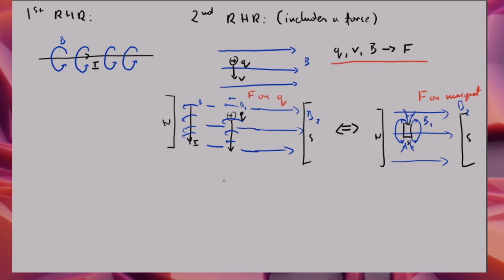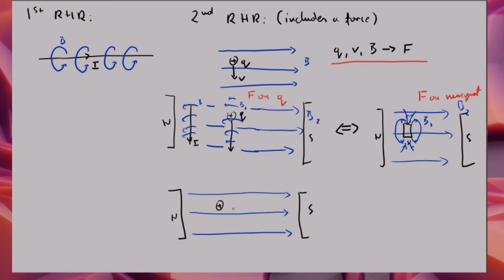Now, suppose that you take this magnet here, north and south pole magnet. You have a magnetic field present that always points from north to south. And then you place a charge Q in this field. But this charge doesn't move.